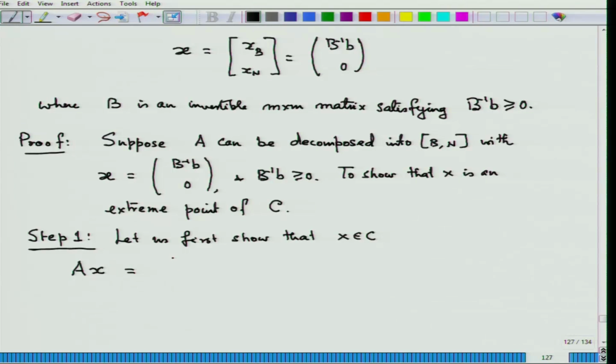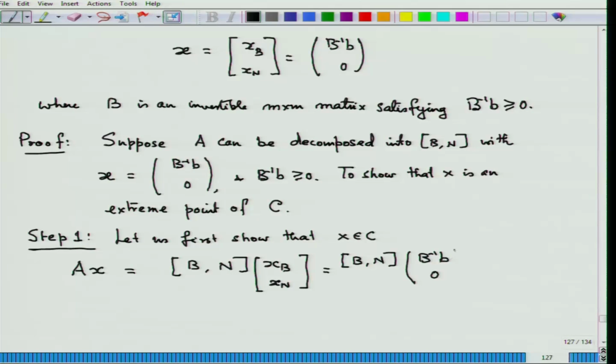By the hypothesis, A is decomposed into two parts B and N, where B is an invertible matrix, M cross N, and x is x_B and x_N, which is B inverse b and 0. So, B N times B inverse b and 0 would give me B B inverse b plus N into 0.